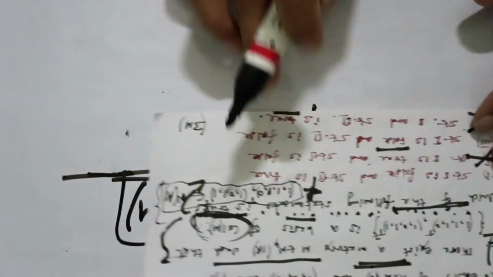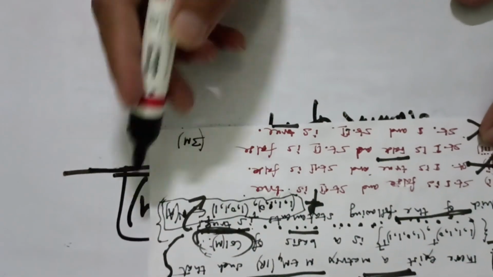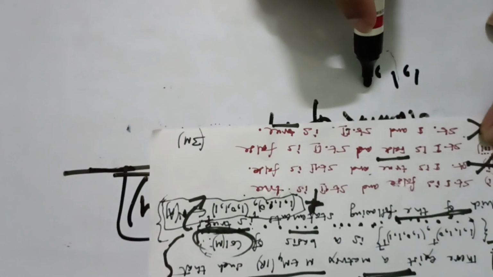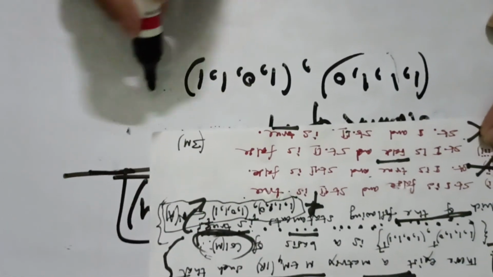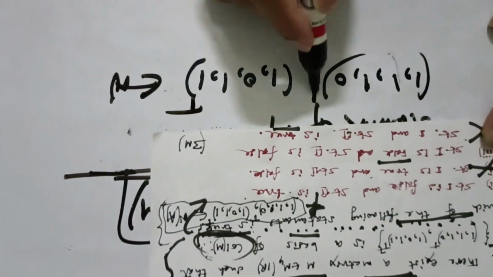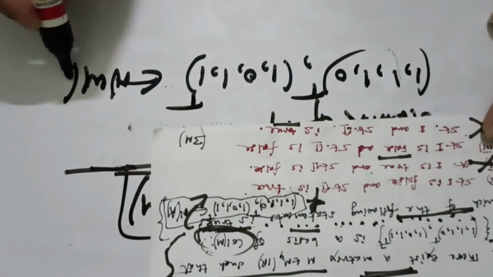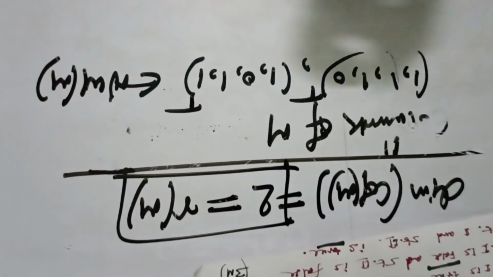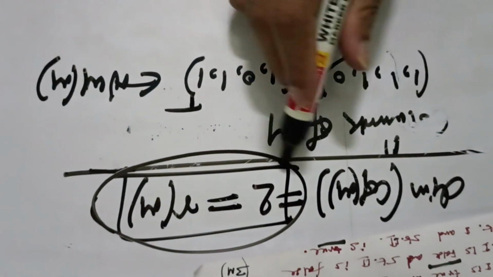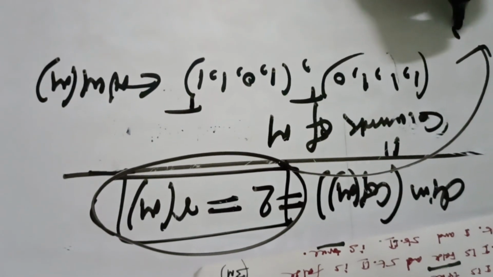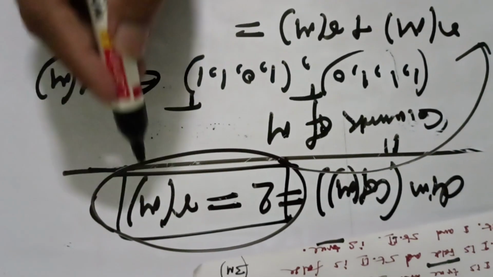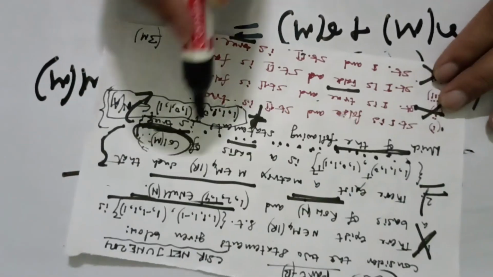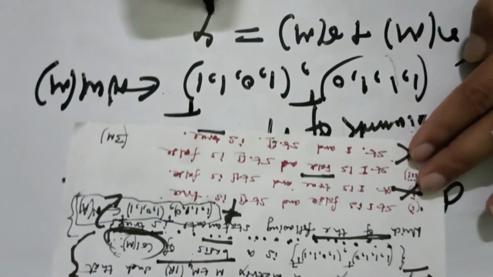It is also given that the vectors 1 1 0 and 1 0 1, transpose, are in the null space of M. Since rank is 2, using rank-nullity, nullity M plus rank M equals the number of columns of M. Given that M is a 10 by 4 matrix, the number of columns is 4.